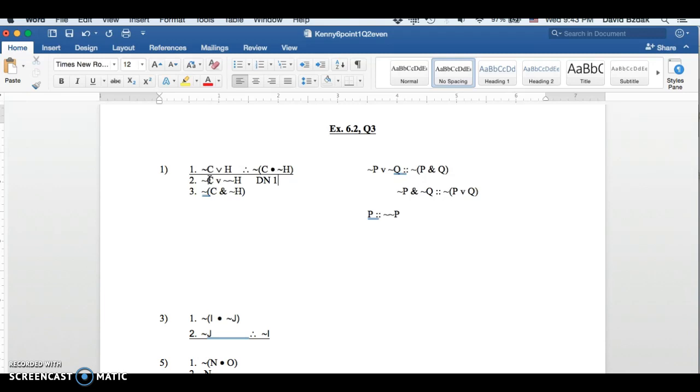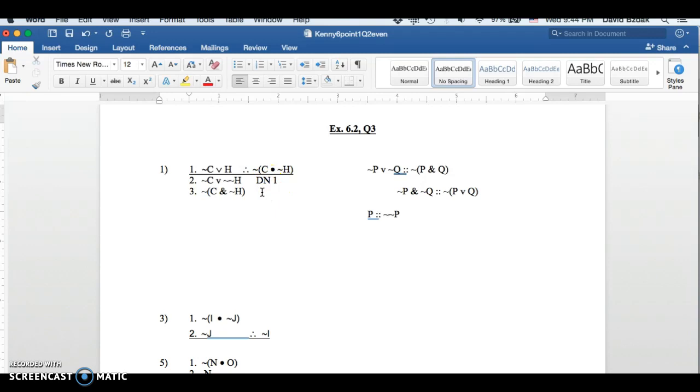Inference rules have to be applied to whole sentences, or to the main operator of a sentence, and only the main operator. So if you have a conditional and an antecedent, you can do conditional elimination. But the main operator has to be the conditional. Here we can apply the substitution rules to parts of sentences or to whole sentences, whatever we want to do. So here we applied two negations to H, so that's why it's double negation of 1.